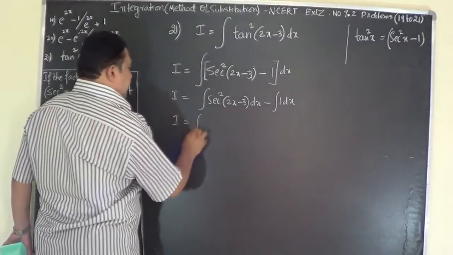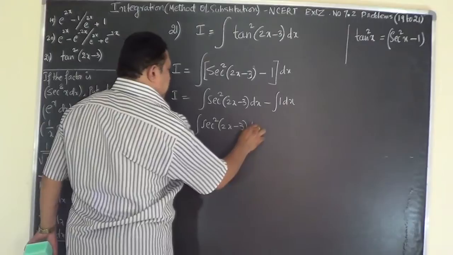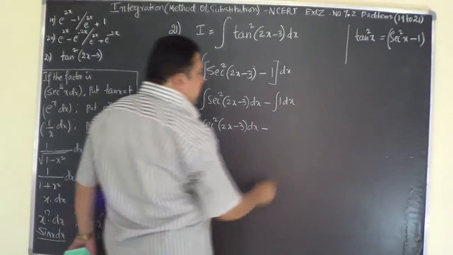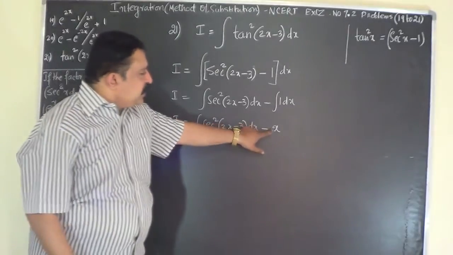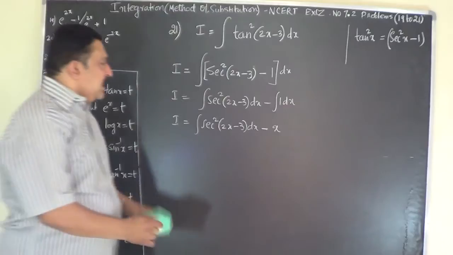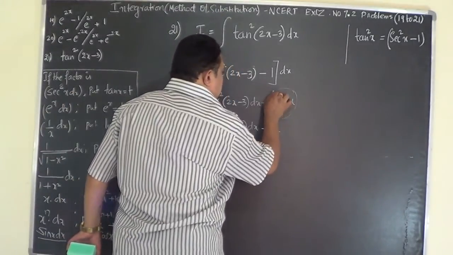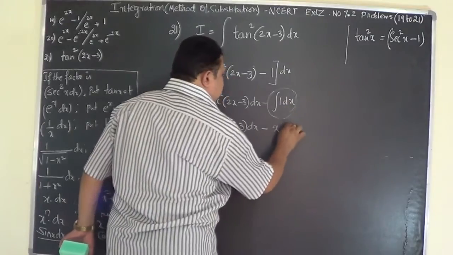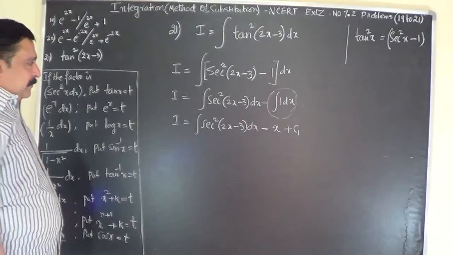Integration of 1 dx is x. You know that if you differentiate x with respect to x, you get 1, so if you integrate 1, you should get x. And since you have done one integration here, you should get one constant of integration. Let me call it c1.